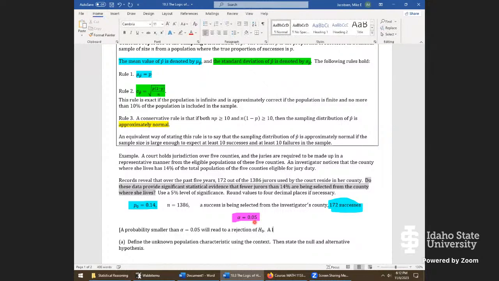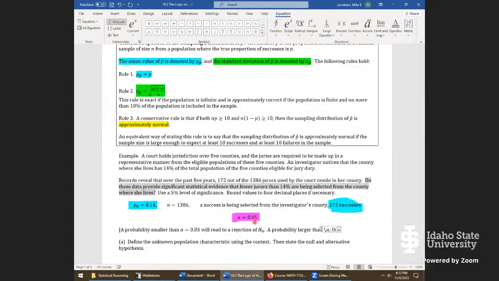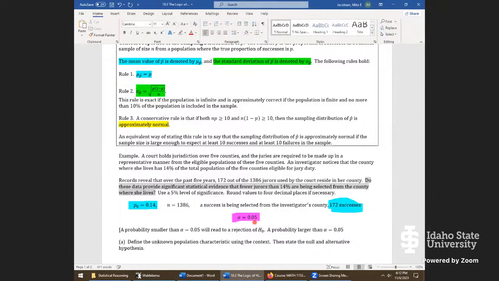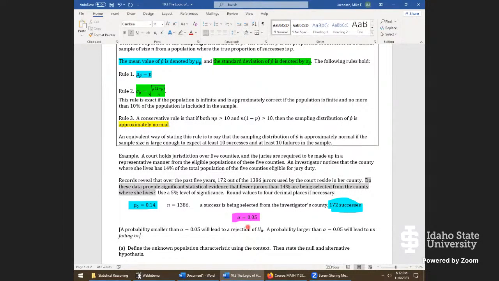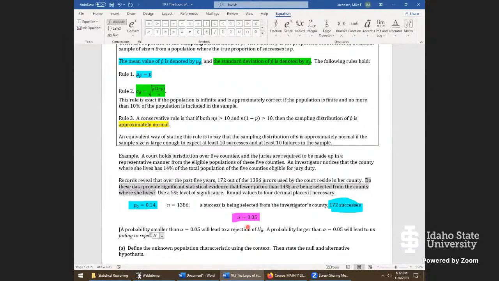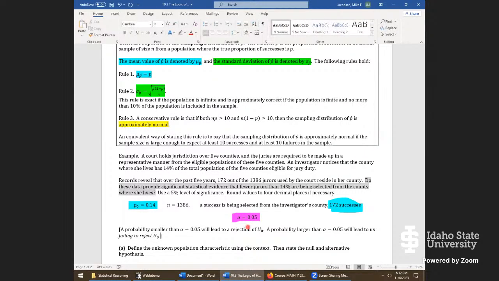And a large probability, let's say here, a probability larger than alpha equals 0.05 will lead to us failing to reject the null hypothesis, which I'll type in as H naught.